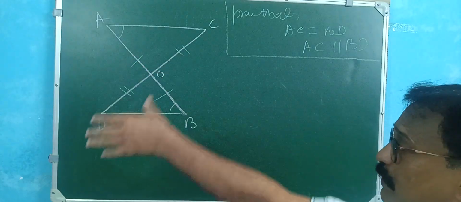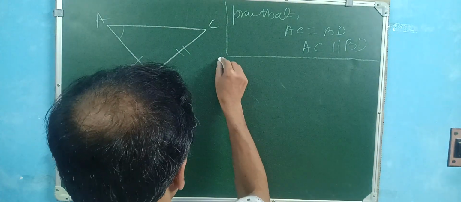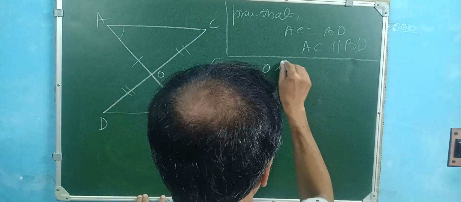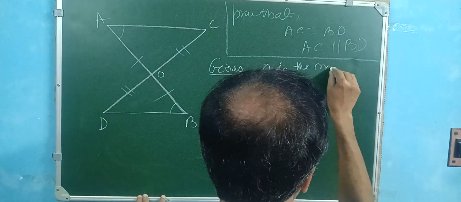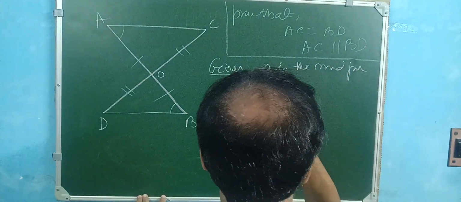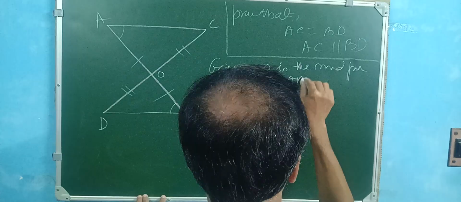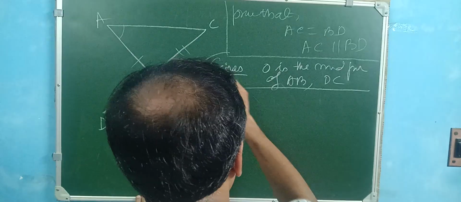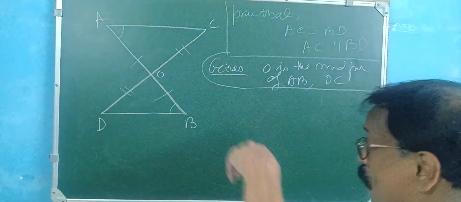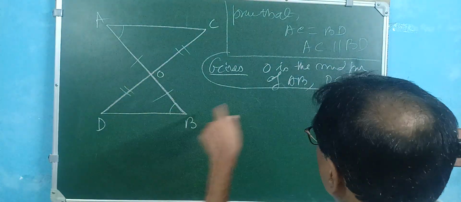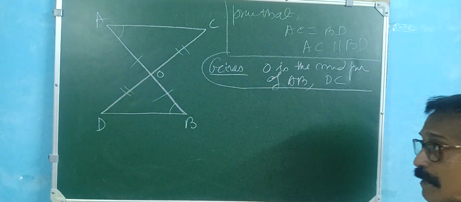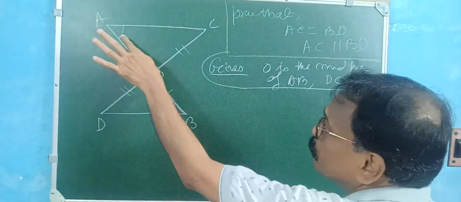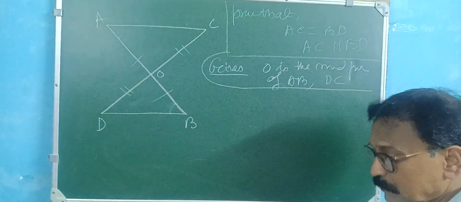So the only given thing is the drawing. What is the given? Given is O is the midpoint of AB and DC. Only this is given. এটাকে মুছে দাও.